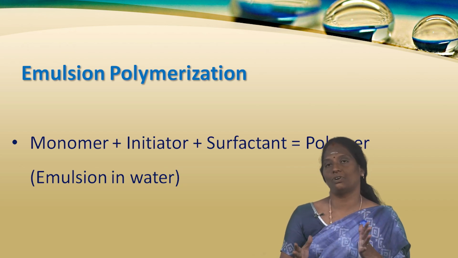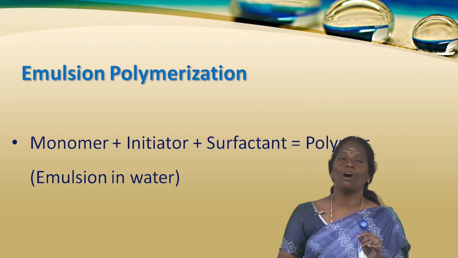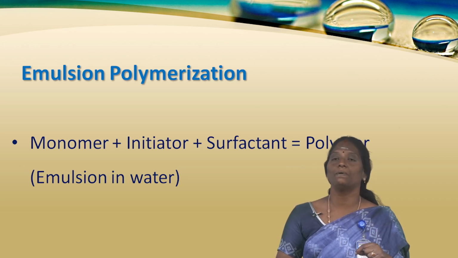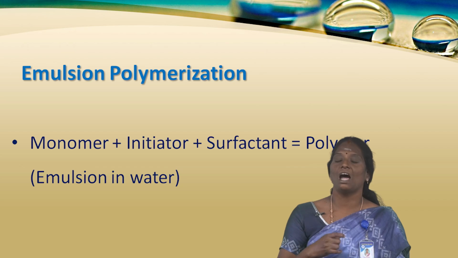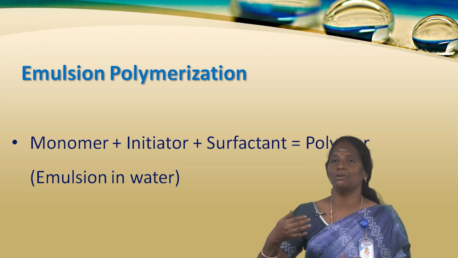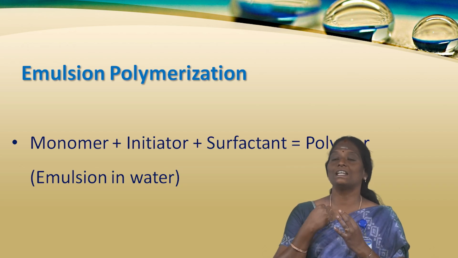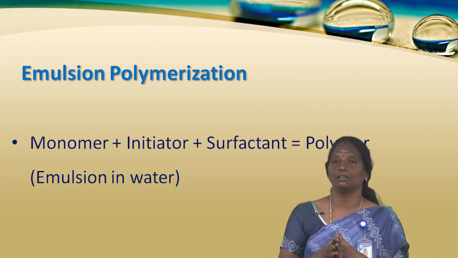What are the disadvantages? The polymer needs a purification process. While preparing the polymer, we have to purify it, then only we can use it. It is very difficult to remove entrapped emulsifier and de-emulsifier.